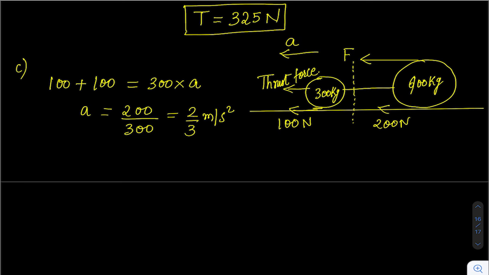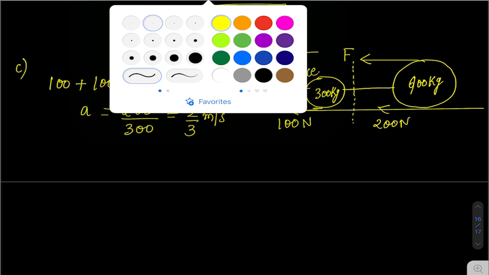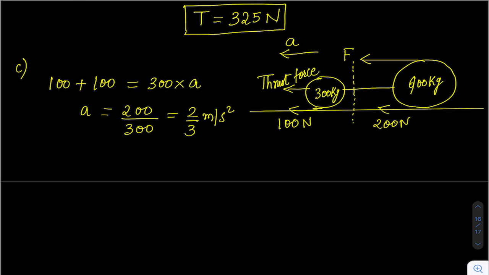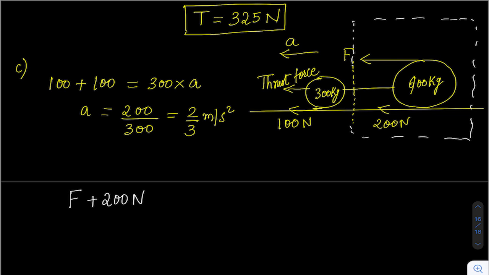So now once you have this, we need to find F, right? For that, we have to consider the motion of the car. So let's now consider the motion of the car. What's happening in the car now? We can see that for the car, the net force is F plus 200 newtons, right?